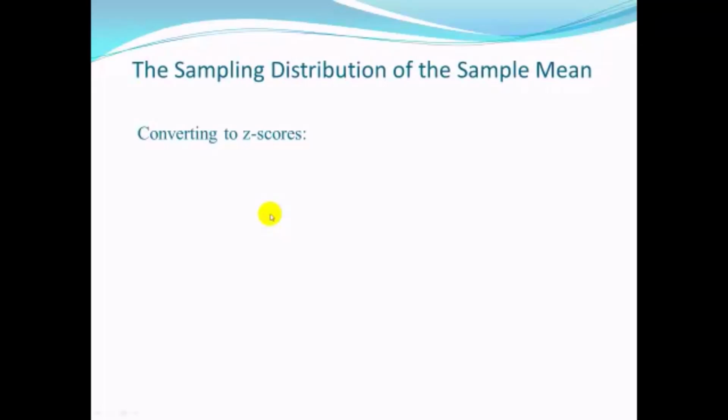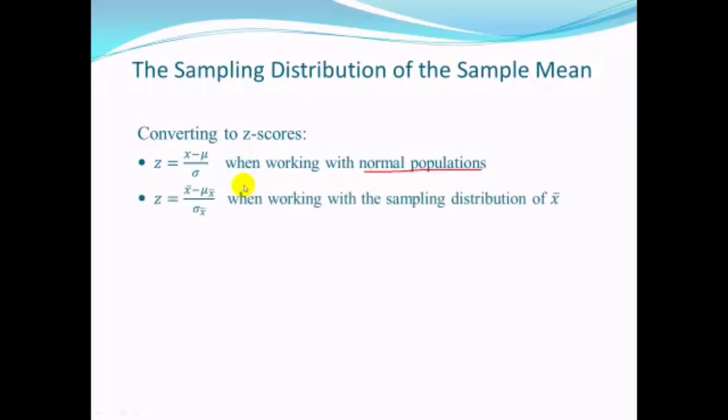All right, so now with these three things, and I think I summarized them on this next page. Oops, not yet. With those three things, we get to do some stuff, and really what we're going to be working with is normal distributions again. And so we've seen this before. When working with normal populations, we created a z-score, x minus mu over sigma. That was what I will call the x version. When you have a normal population of x's, you can create a z-score using the x version. Now we're going to use the x bar version.